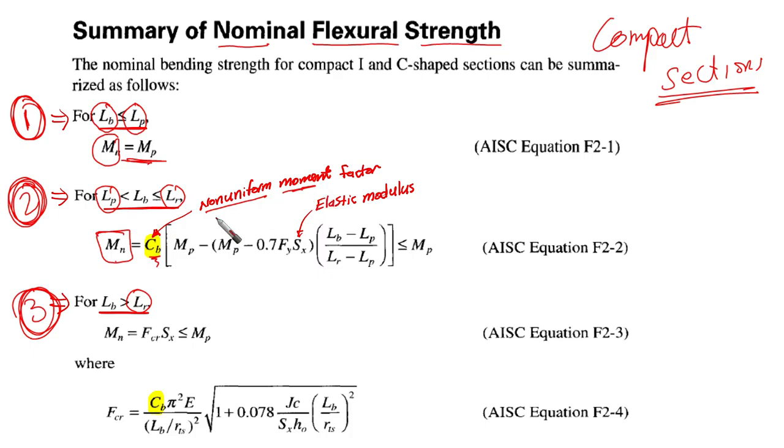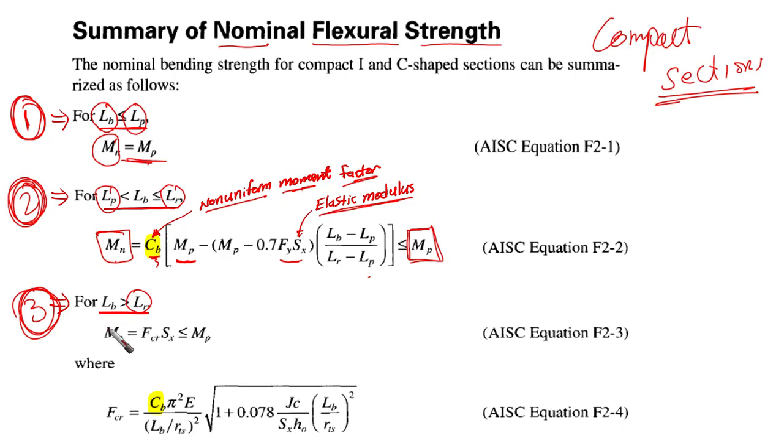We call it the non-uniform moment factor, times Mp, the plastic moment, minus 0.7 Fy Sx, this is the elastic modulus, times this value, which is Lb minus Lp over Lr minus Lp. It is like the ratio showing exactly where our Lb is in between Lp and Lr. And it should always be limited, with an upper limit of Mp.